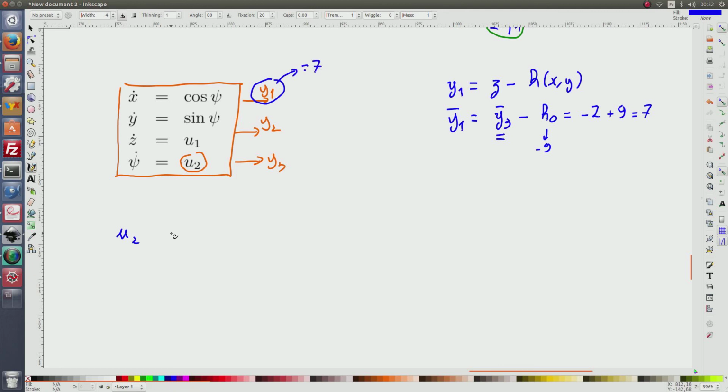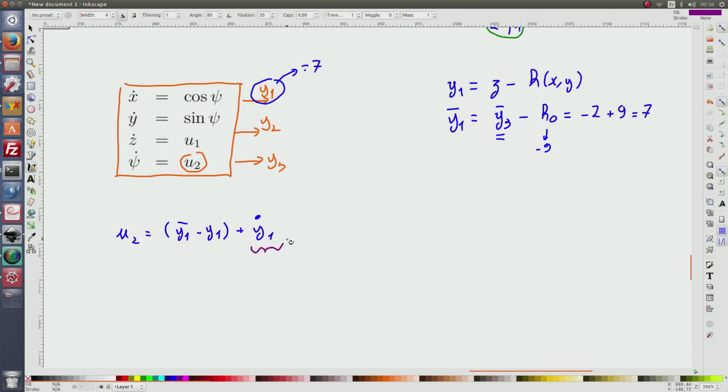So a classical proportional and derivative control tells me that what I could take is y1 bar minus y1, times a coefficient, but I don't write it, plus the derivative of y1 bar.